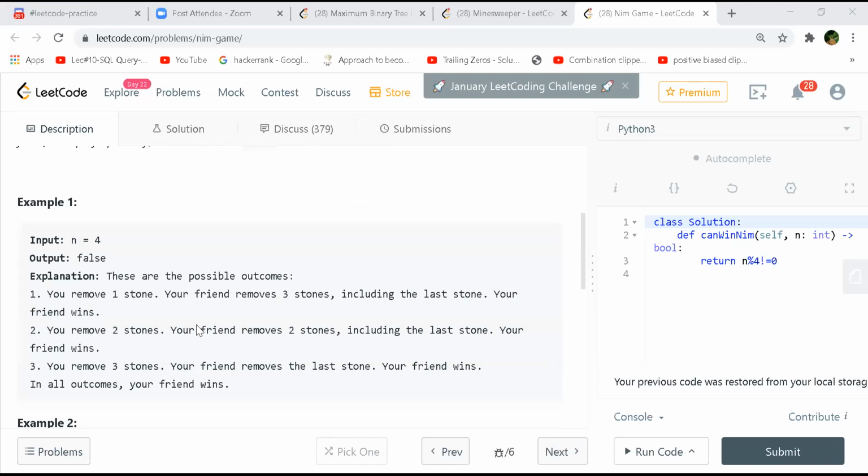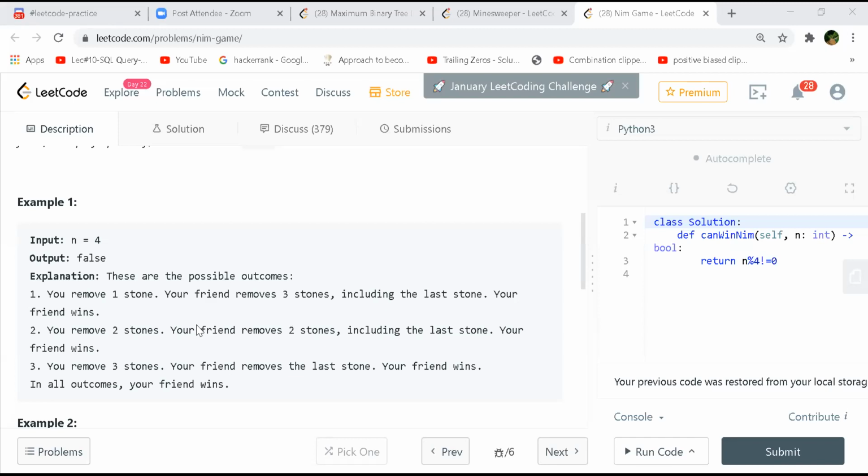You have to play optimally, and your friend has to play optimally. Whatever you remove, 1 or 2 or 3, your friend does exactly the complement of it, right? So he will win in that case. So having n as 4 means you will be losing.